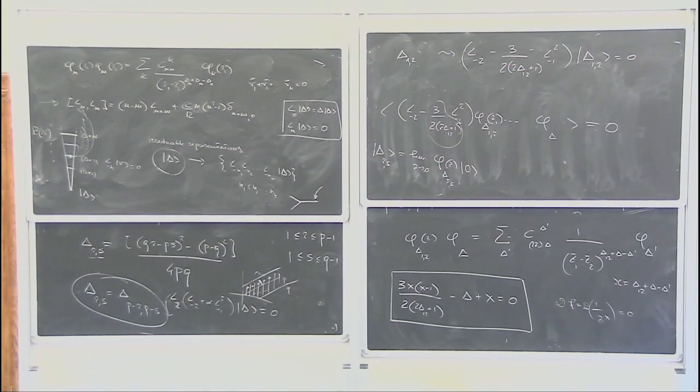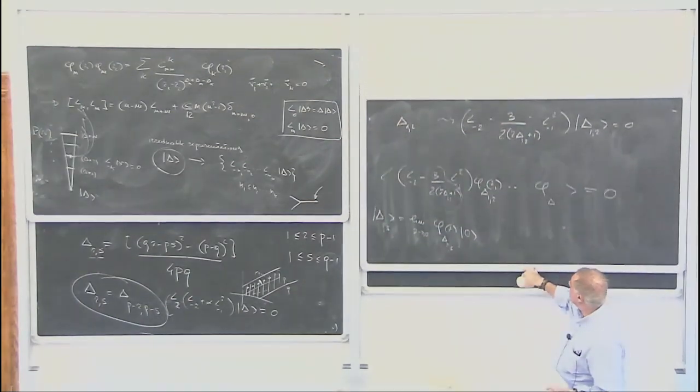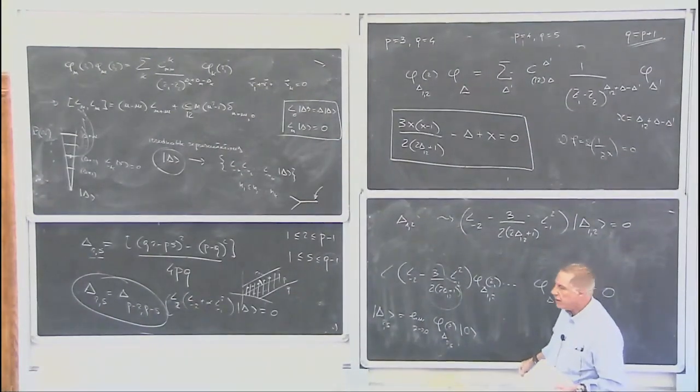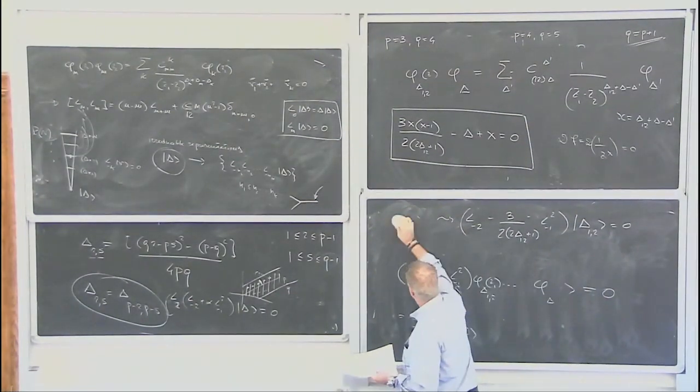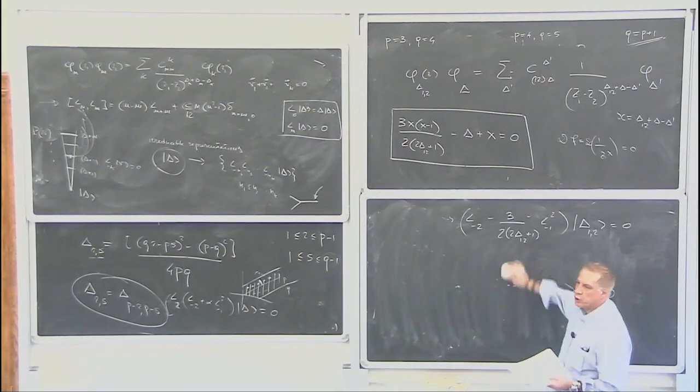And it's something that has to hold order by order in any power. But the leading order is what you get. Okay? So far it seems pretty okay, you get something like this. But now, let me draw your attention to something that will make you jump on your chair.